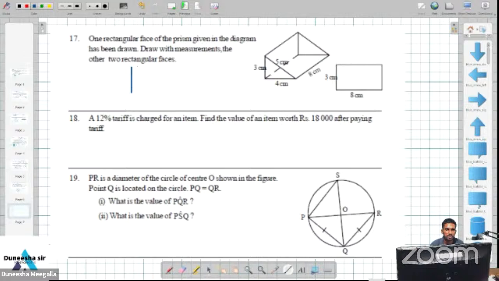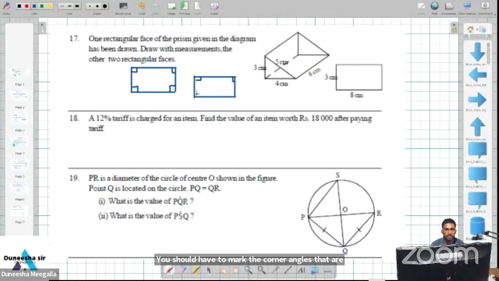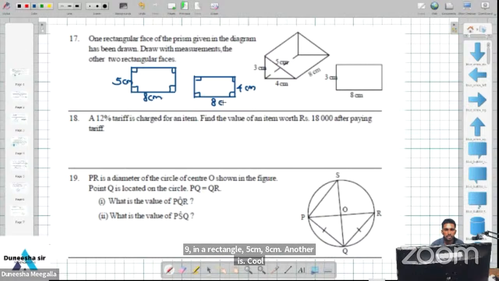What are the faces? You should mark the corner angles, which are 90 degrees in a rectangle. 5 centimeter by 8 centimeter, then the other is 4 centimeter by 8 centimeter.